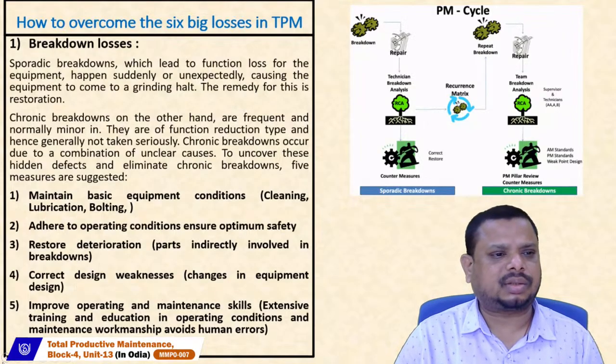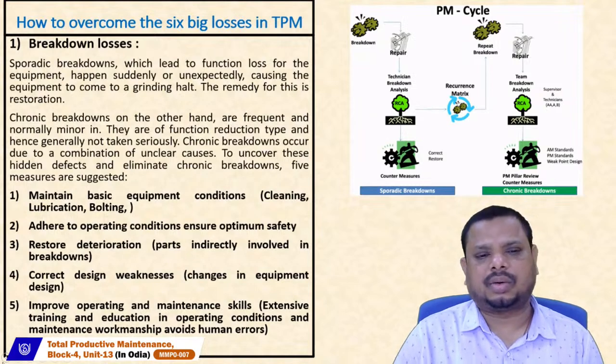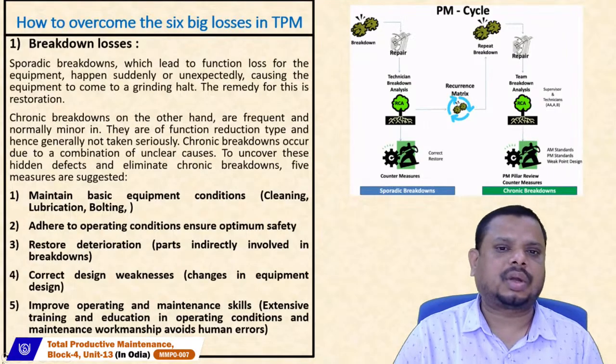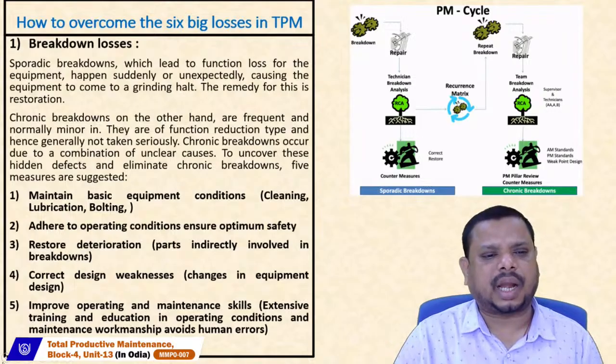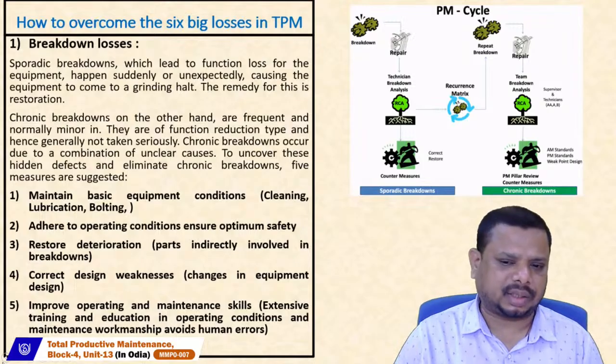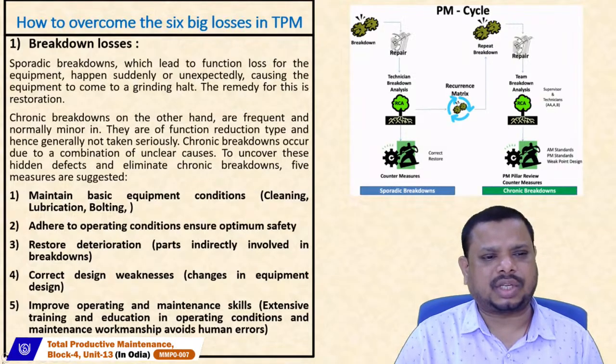First we have to understand sporadic breakdowns, which lead to function losses for the equipment, happen suddenly or unexpectedly, causing the equipment to come to a grinding halt, and the remedy for that is restoration. So we'll understand sporadic breakdowns and chronic breakdowns. A sporadic breakdown, as I said, is unexpected and caused by unknown factors in equipment and machines.